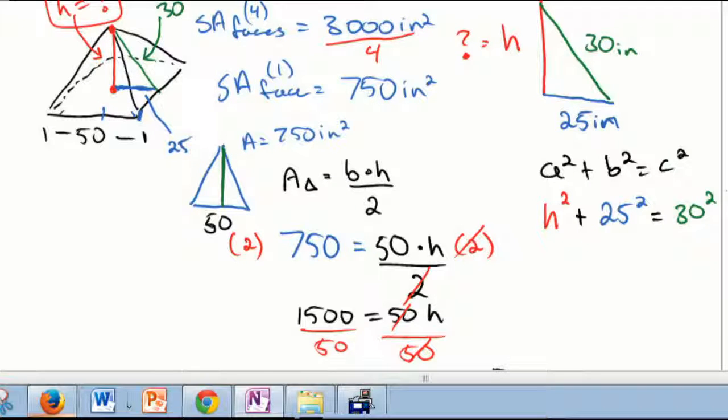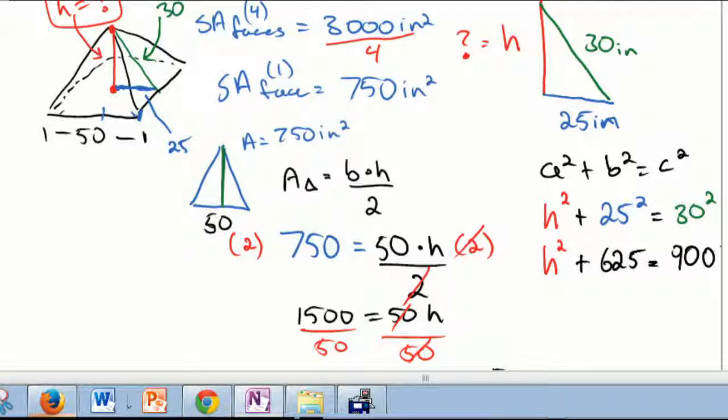So I'll do my exponents, and then I will solve for h. So 25 times 25 is 625. 30 times 30 is 900.